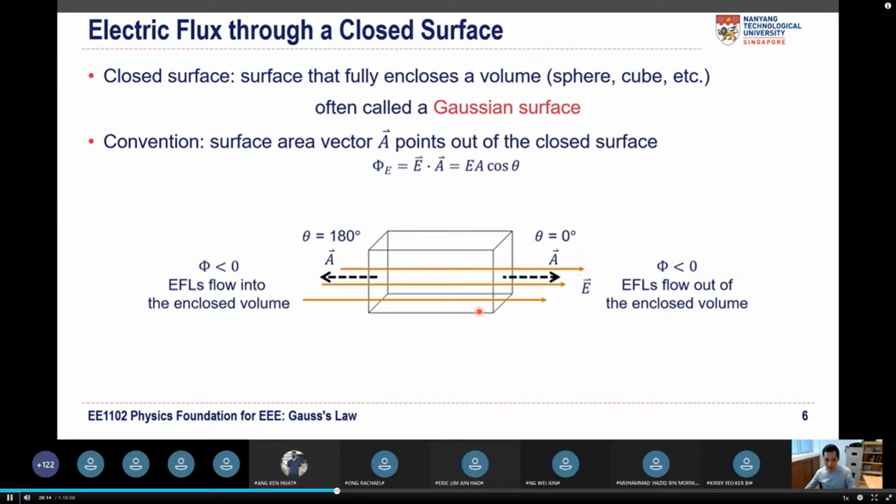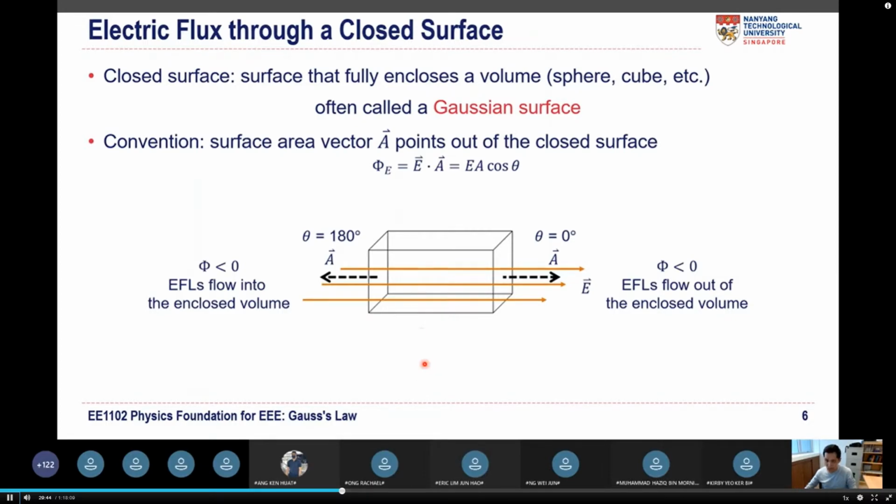That is because this angle, the surface vector pointing upward, is at 90 degrees to this field. So when you put cosine of 90, that's going to give us 0. Okay. Same with the bottom one there. It's going to be pointing downwards, and then that angle, perhaps now we can call it 270 degrees or something, or 90 degrees again.